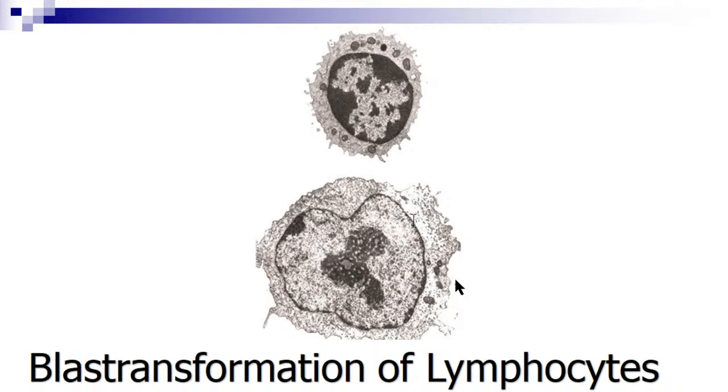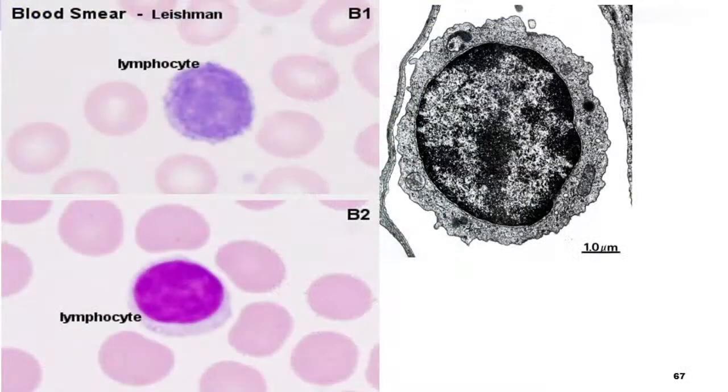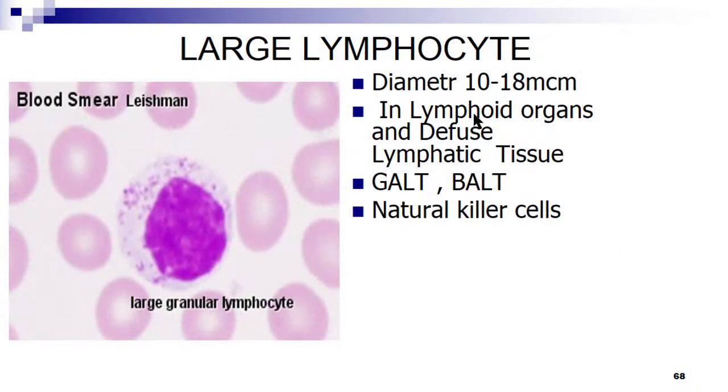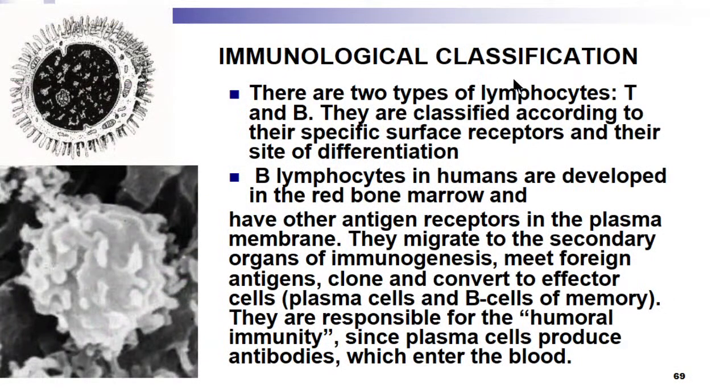This is the reaction of blast transformation, a specific reaction in lymphopoiesis. And this is a small lymphocyte for comparison with the previous one, and a large lymphocyte, diameter 10 to 11 micrometers.